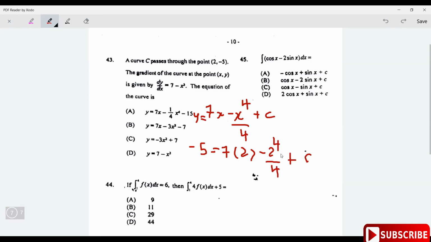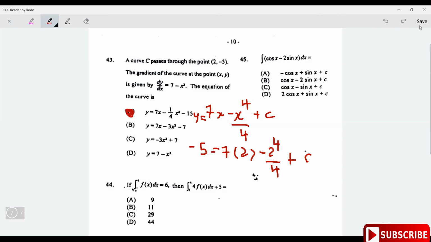Transpose for c, let me see. 7 times 2 is 14 minus 2 to the 4 divided by 4. You get 10, and then you have minus 5 minus 10 is negative 15. So that is option A.